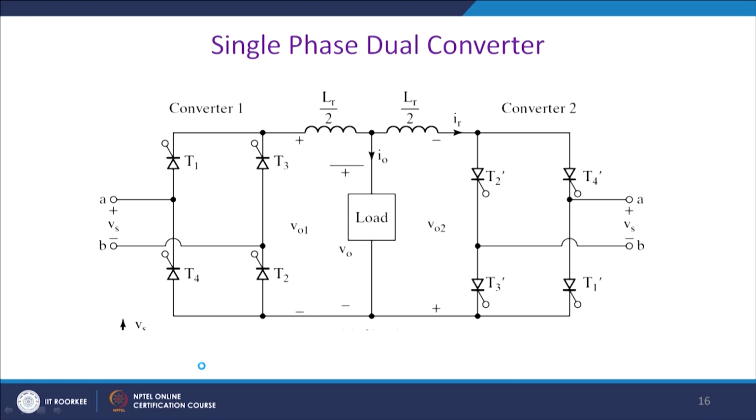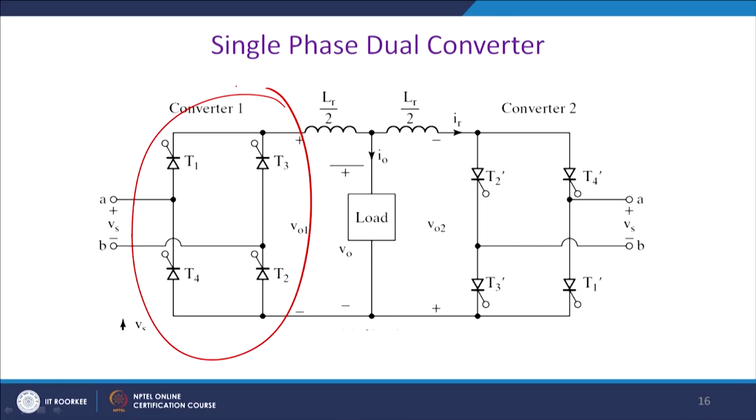Okay. Now, let us come to the single phase dual converter. It is a 4 quadrant operation. So, these thyristors form a full control converter, so it can operate from 0 to 90 degrees as a converter and 90 to 180 degrees as an inverter.